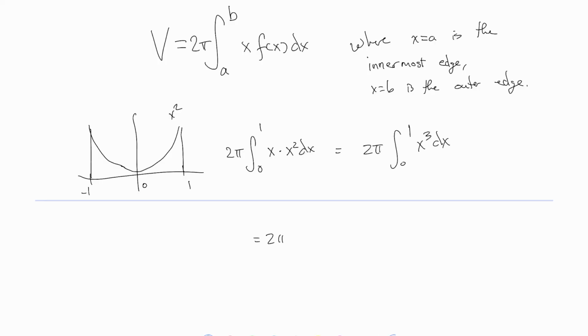So it's 2 pi, 1/4 x to the 4. I plug in the 1. I think I'm just going to get pi over 2. 2 pi times 1/4 times 1, which simplifies to pi over 2.